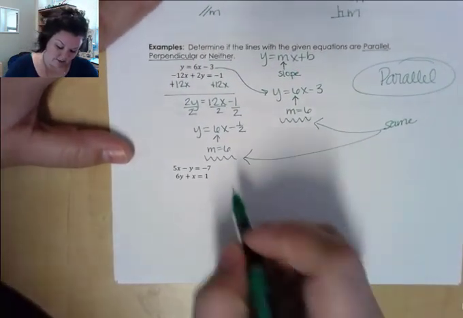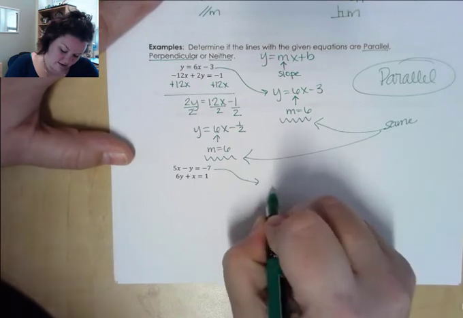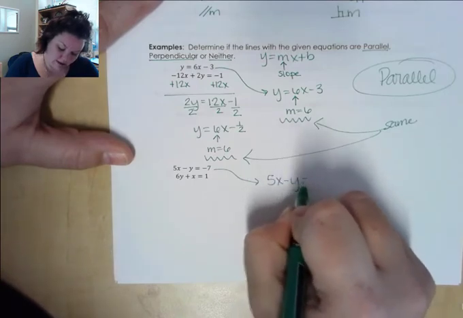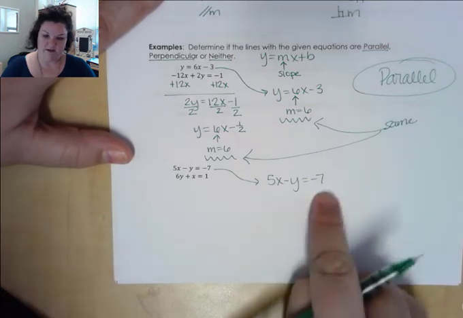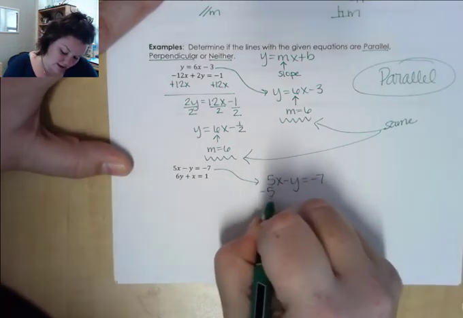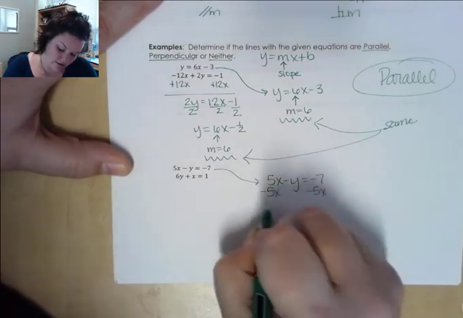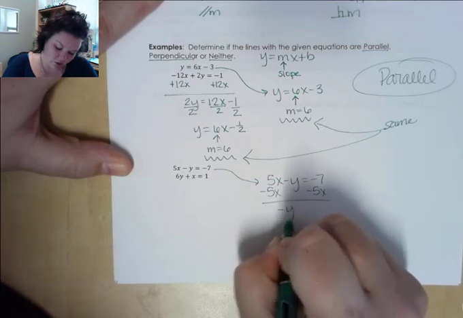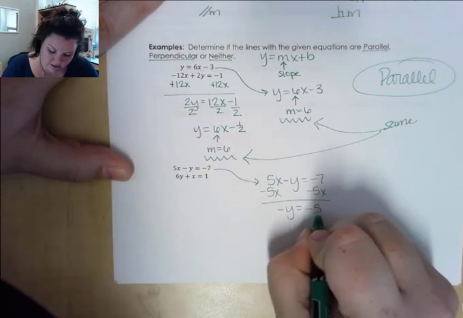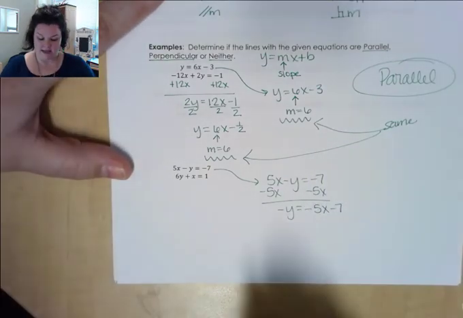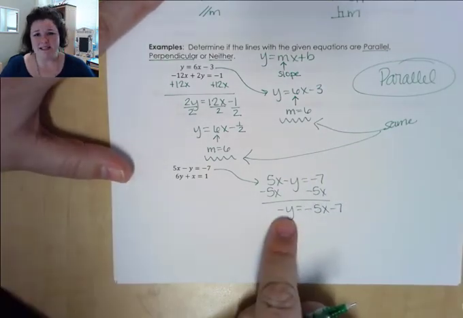Same idea. I want to take the first line, so 5x minus y equals -7, and solve it for y. So I'm going to move my 5x to the other side by subtracting, which leaves me with negative y is equal to, we want to write our x term first, -5x - 7. And then to get y by itself, I need it to be positive.